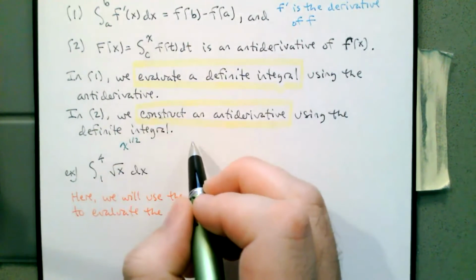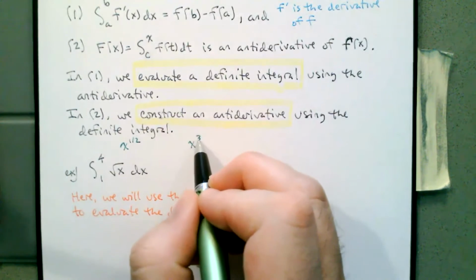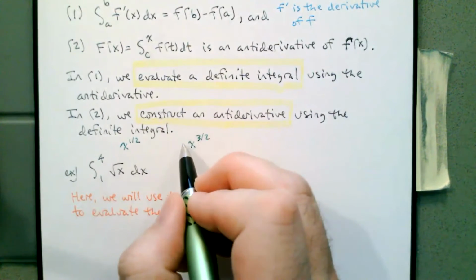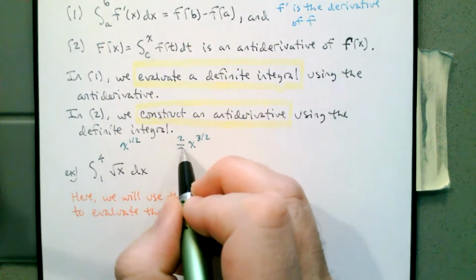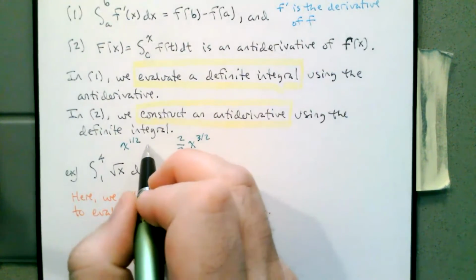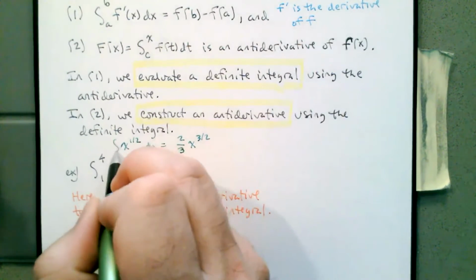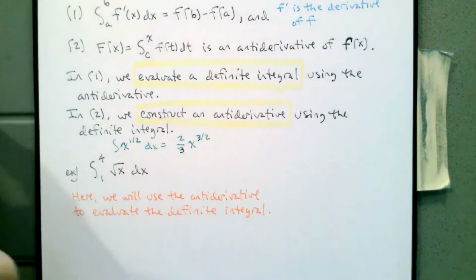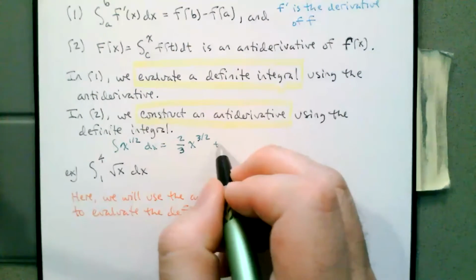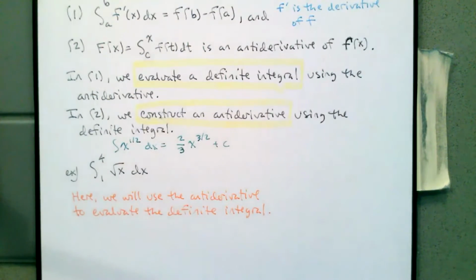So the antiderivative will add 1 to the exponent and divide by the new exponent. And then yesterday we mentioned the plus some constant. But we just need an antiderivative of x to the 1/2 power.